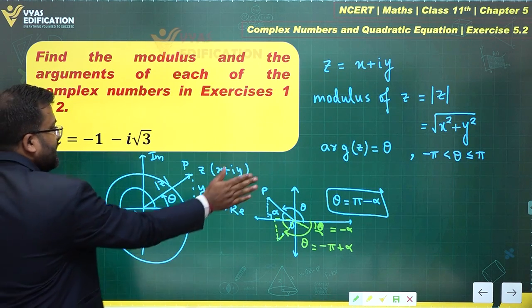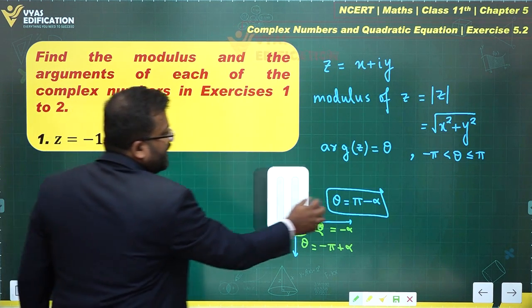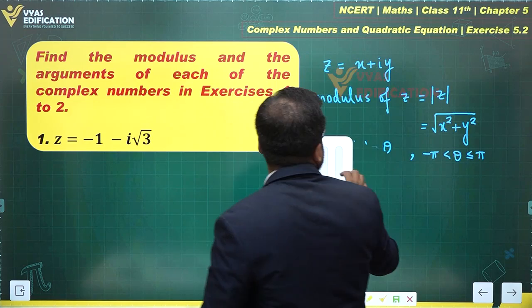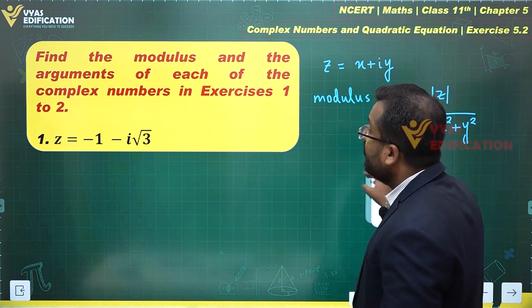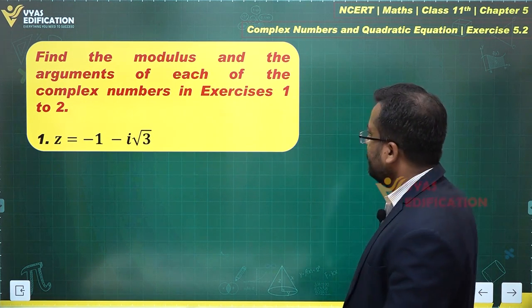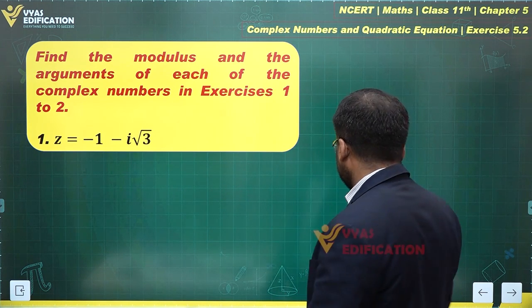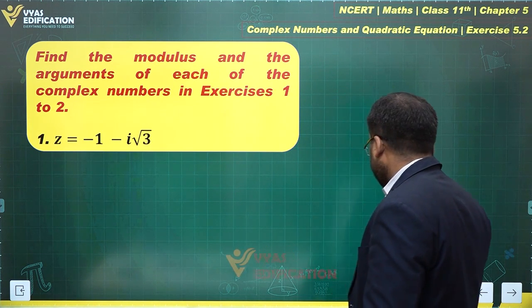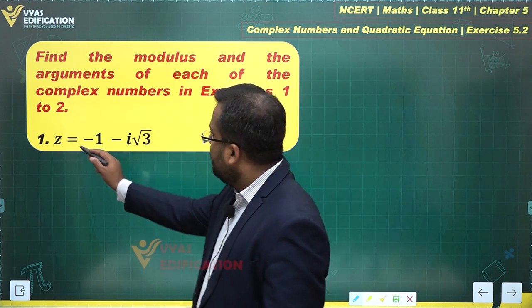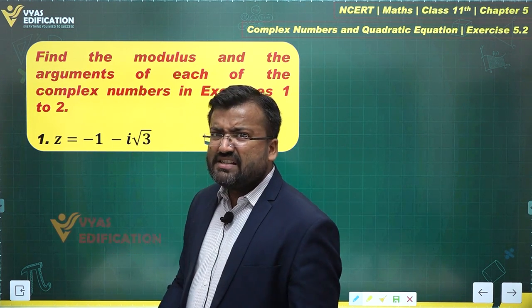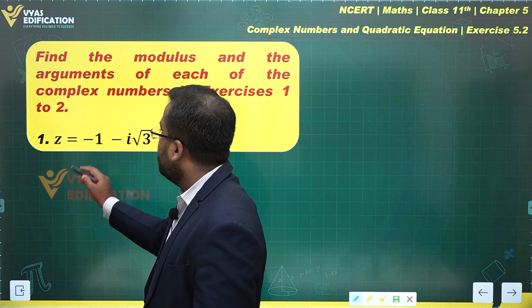Alright. So keeping this in mind, let's try to find the argument and modulus for this particular complex number z. So we begin with z equal to minus 1 minus i root 3. Okay.